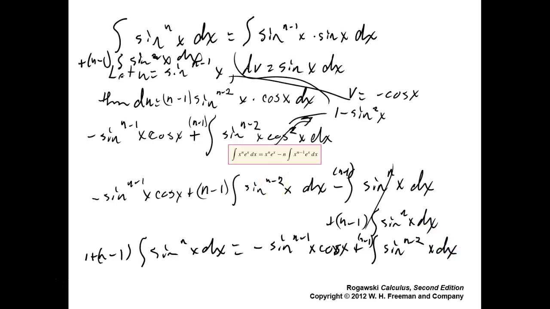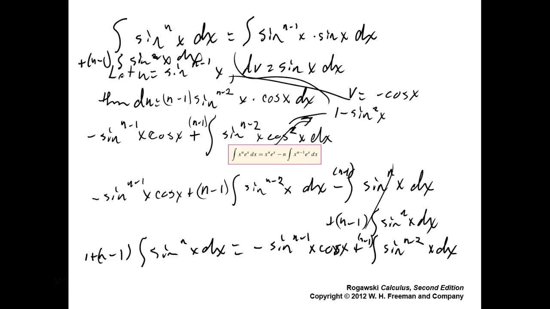All right. When you add that to this side, you have 1 plus this, 1 plus that, times this integral is equal to, and this side is this term here, plus n minus 1 times this integral of that.